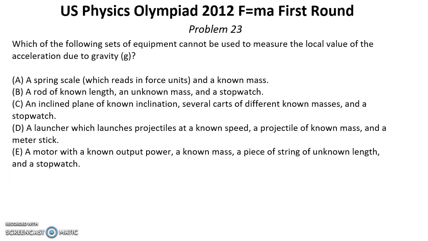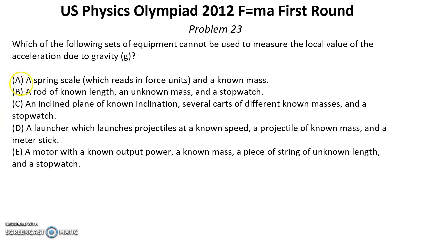American Physics Olympiad, year 2012, F equal MA, first round. Problem 23. Which of the following sets of equipment cannot be used to measure the local value of the acceleration due to gravity, g? There are 5 different sets. Solution.